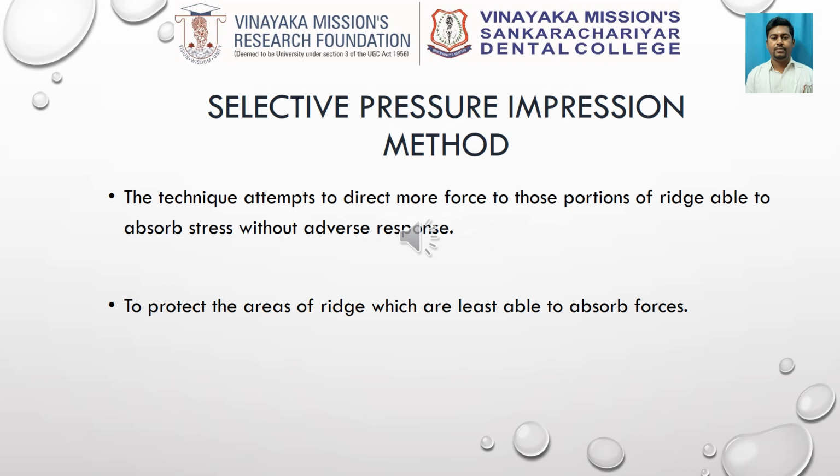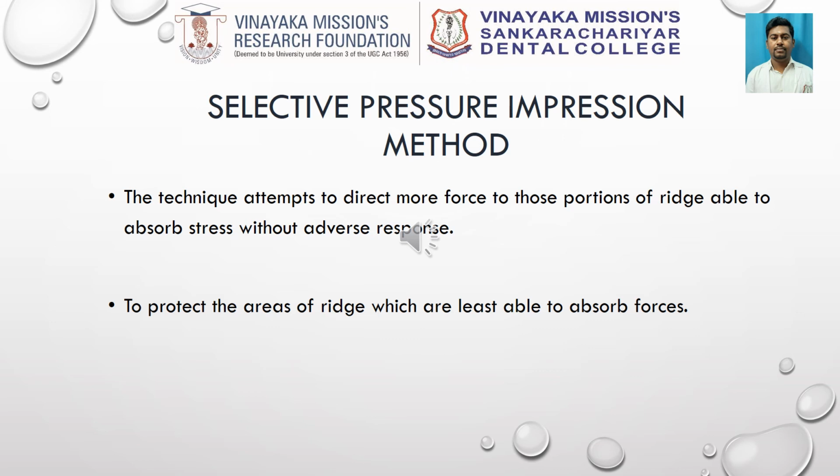If you place any amount of stress on the soft tissue which is covering the hard tissue, it should not undergo any ischemic changes. And it also aims to protect the areas of the ridge which are least able to absorb the forces. That means you have to protect the areas which are vulnerable, which can undergo resorption or ischemic changes.